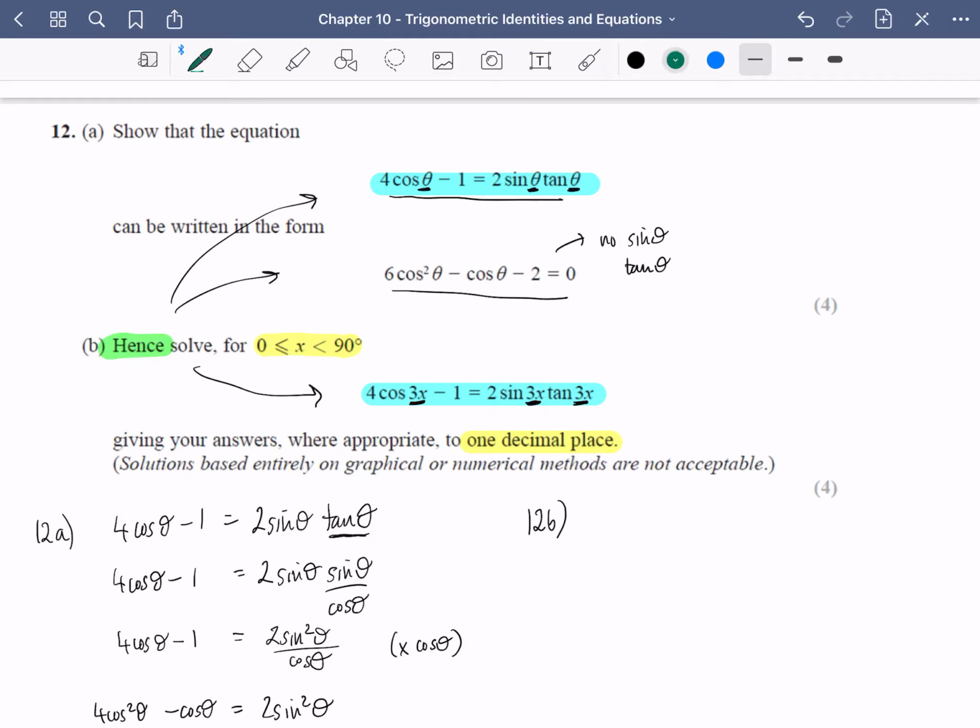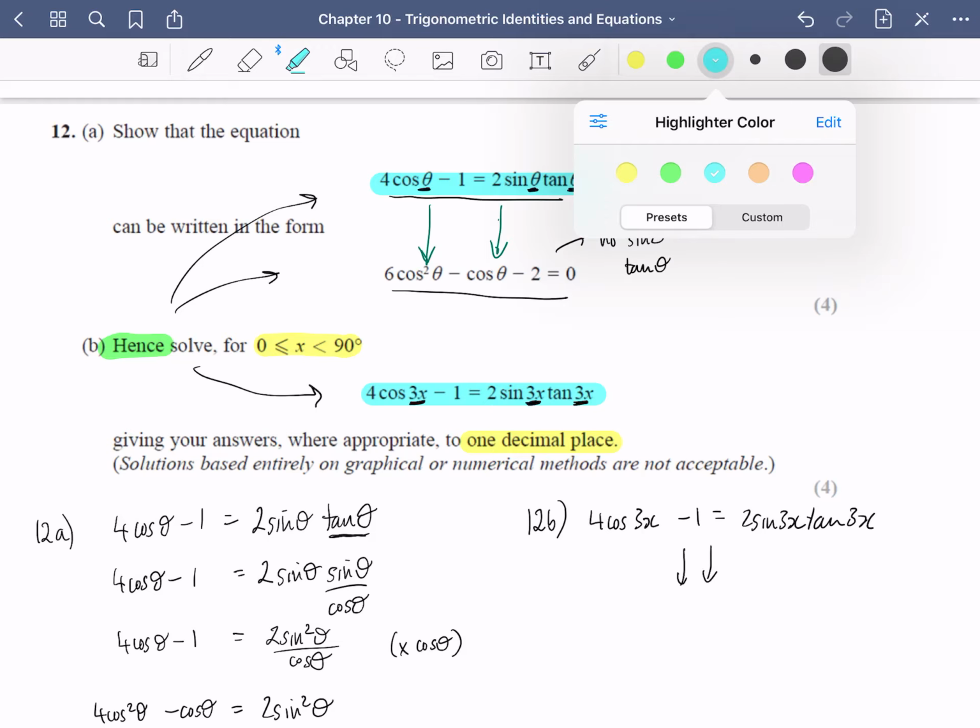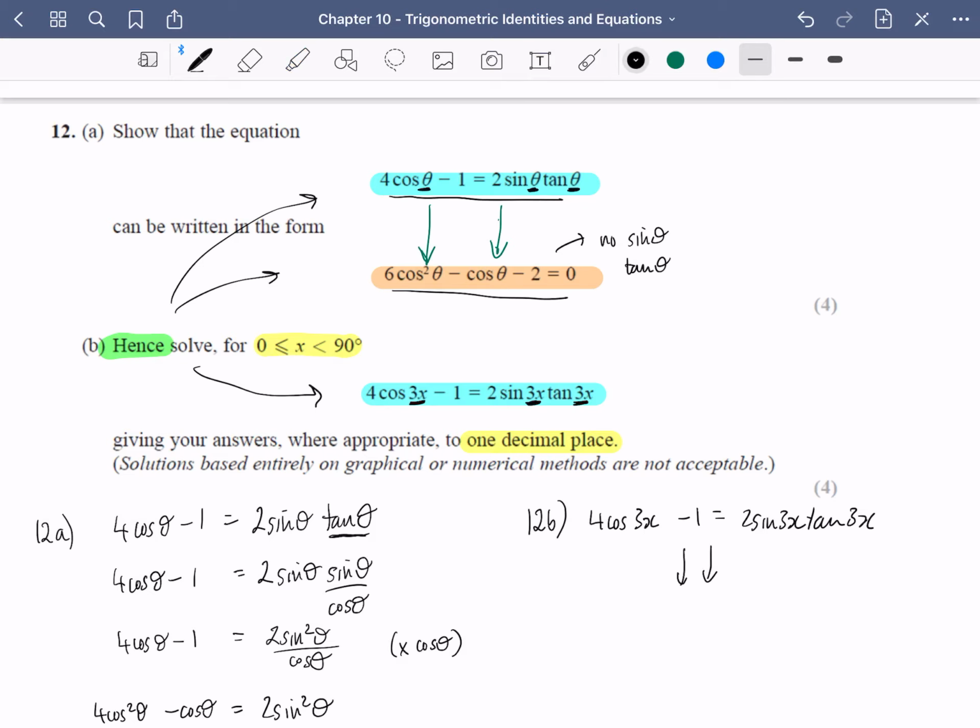So if this equation can be written as this equation, we then should be able to make an assumption that this equation, which is the second blue one I've got written, without any extra working, I know that it can just be written as the same as this one, which I'm going to highlight in this orange color, except instead of theta, I'm going to replace all the thetas with 3x, just like happened in those blue ones. So it is going to be the same as 6 cos squared 3x minus cos 3x minus 2 equals 0.